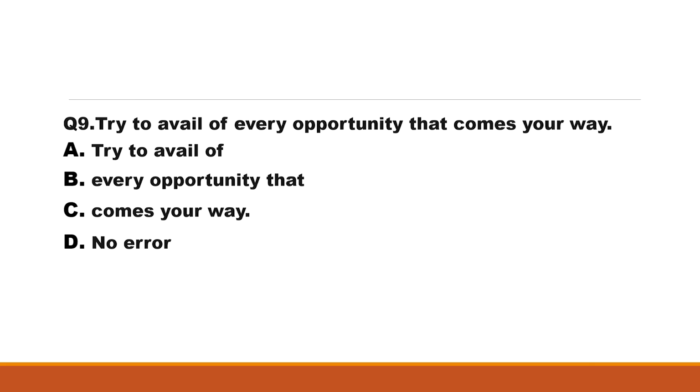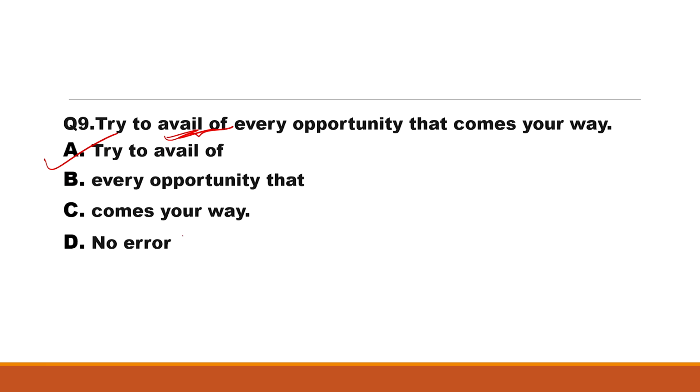So, is it done? Let us tally. Try to avail of every opportunity that comes your way. So, the error lies in option A. The following verbs will always take reflexive pronoun after them. They are acquit, absent, avail, reconcile, amuse, resign, enjoy, pride, and so on.